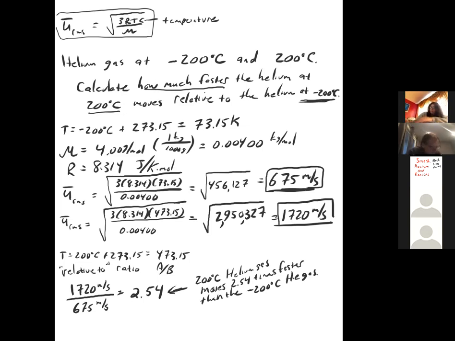Okay, so if you were to draw a little graph of speed, what you'd find is that you get a graph that looks like this.